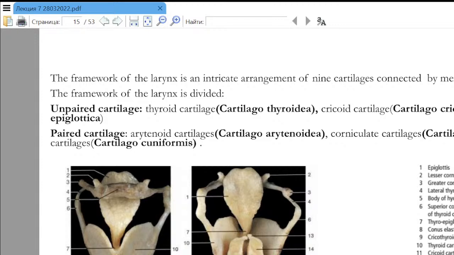The framework of the larynx is an intricate arrangement of 9 cartilages connected by membranes and ligaments.